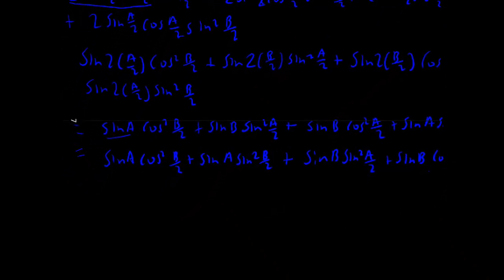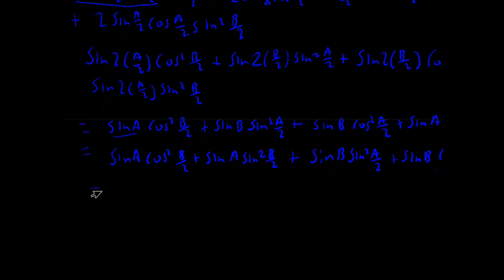Wonderful. Now, why did I group them like this? The reason is that we can factorize this part. If I factorize this part, I'm going to have cos squared B over 2 plus sine squared B over 2.